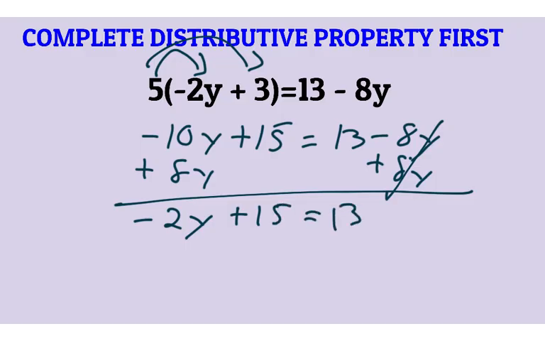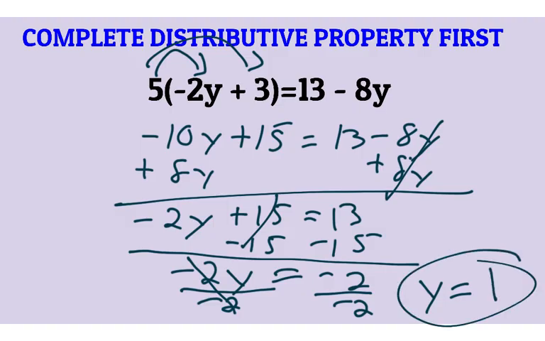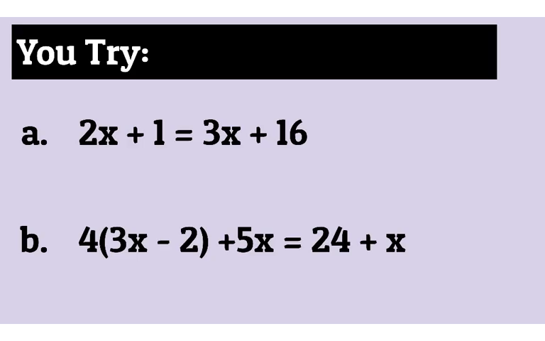Next, I'll get rid of the plus 15, and I'll make it minus 15. If I do something to one side, I'll do it to the other. And that leaves me with negative 2y equals negative 2. The last step is to divide the negative 2 on both sides, leaving me with y equals 1.